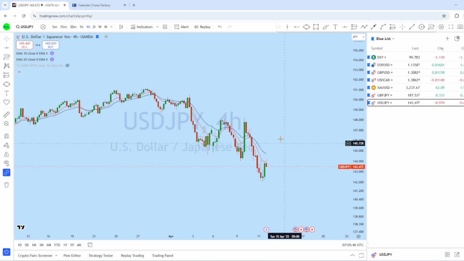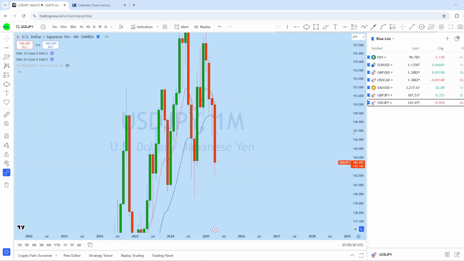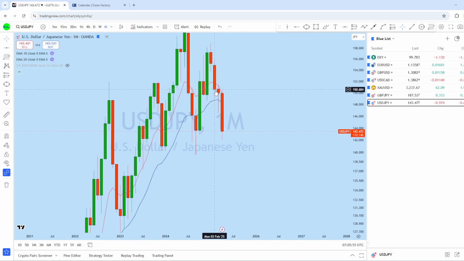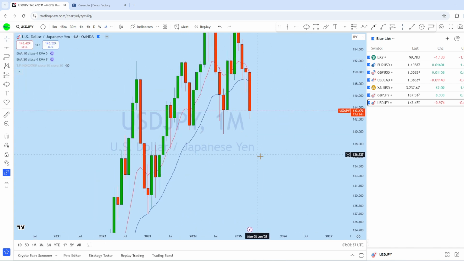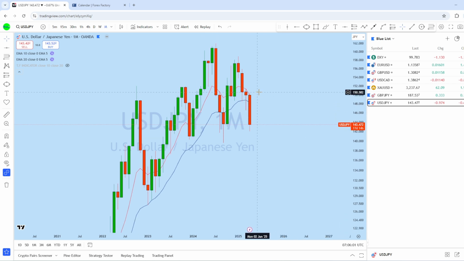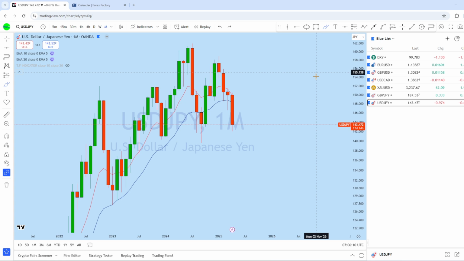Let's see what kind of trading opportunity we have in this market. Now looking at the monthly on dollar yen, from the monthly perspective there is a doji formation with a long wick at the bottom here, and this monthly price action on dollar yen is so far strongly bearish. The market has made its significant move towards the downside on dollar yen, expecting a deeper pullback and then a drop again.